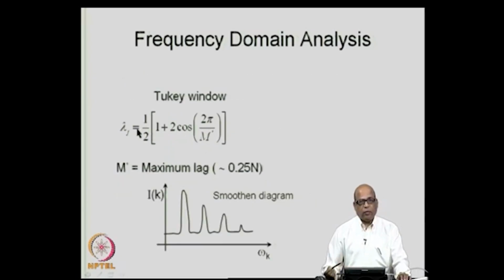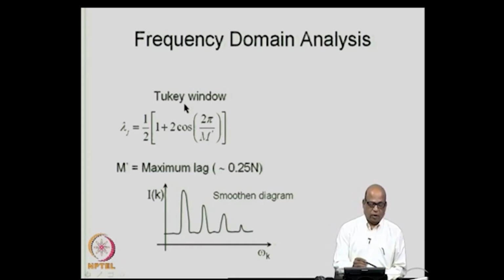There are various expressions for estimating the lambda j's. One is given by the Tukey window, and this is most commonly used. Tukey windows and Parzen windows are typically used for estimating lambda j's.